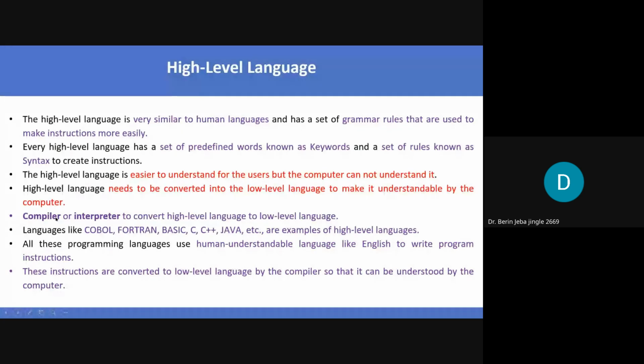The basic high level languages are COBOL, Fortran, basic, C, C++, Java, etc. All these programming languages use human understandable language like English to write programs. So instructions are converted from high level to low level through compilers or interpreters. You have to keep that in mind.